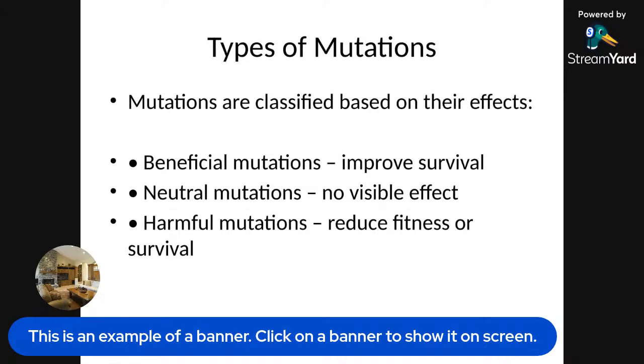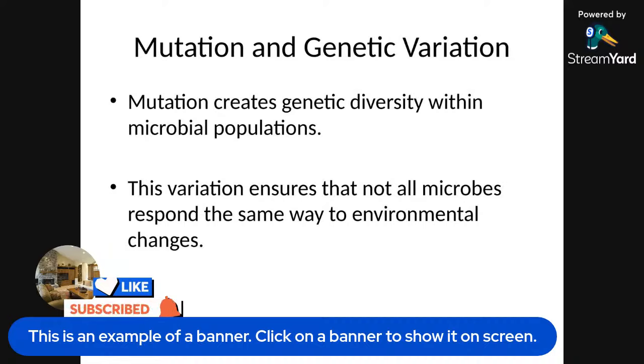Okay, so now, the other thing you need to learn is genetic variation. What can you say about genetic variation? When you say variation, from the word, that means differences and similarities in biology. Mutation creates genetic diversity.